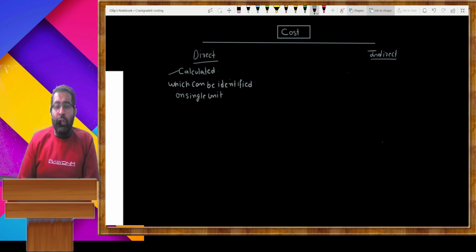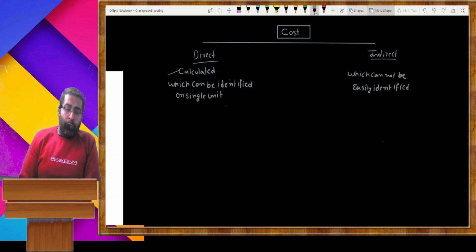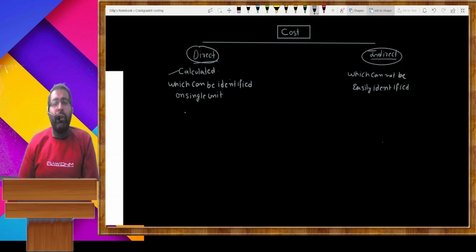Indirect cost cannot be easily identified. Okay, so in producing any type of material, two costs are included: one is direct and the other is indirect.